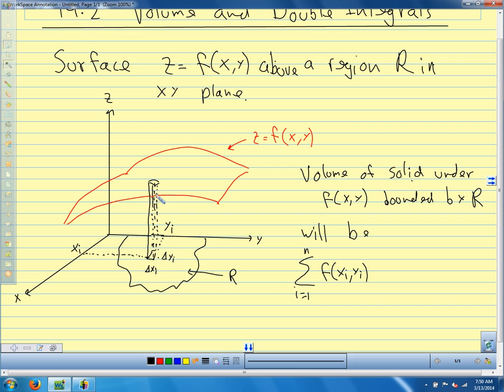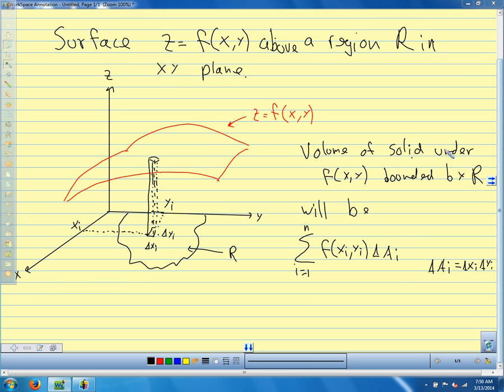So that's going to be the height of that rectangular prism, times the area of the base, and I'm just going to call the area of the base delta A sub i, where delta A sub i is delta x sub i, delta y sub i. So this is going to be our volume, approximately this sum.